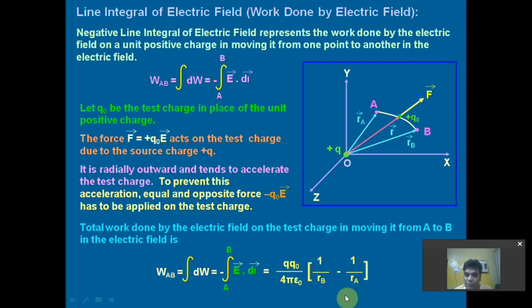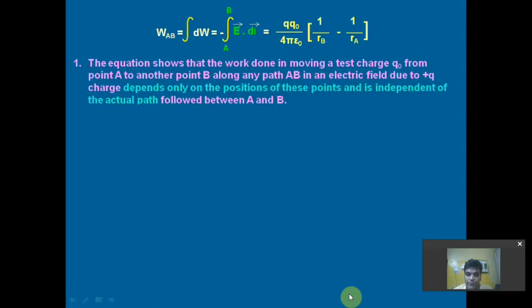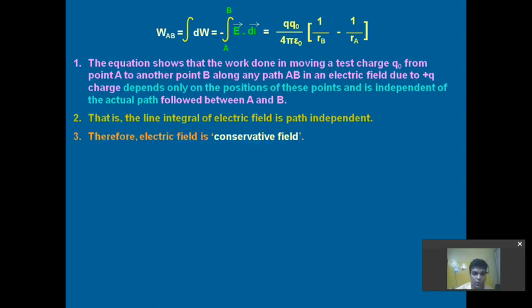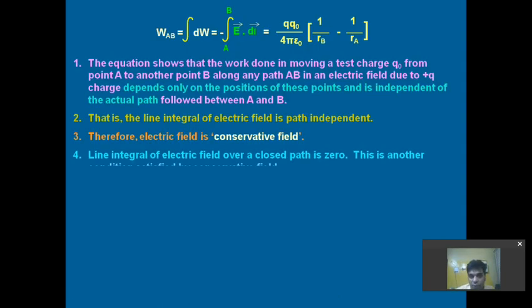So the whole expression for the work done in moving the test charge from point A to point B will be q naught upon 4 pi epsilon naught times 1 by rb minus 1 by ra. The actual work done is represented by this equation.